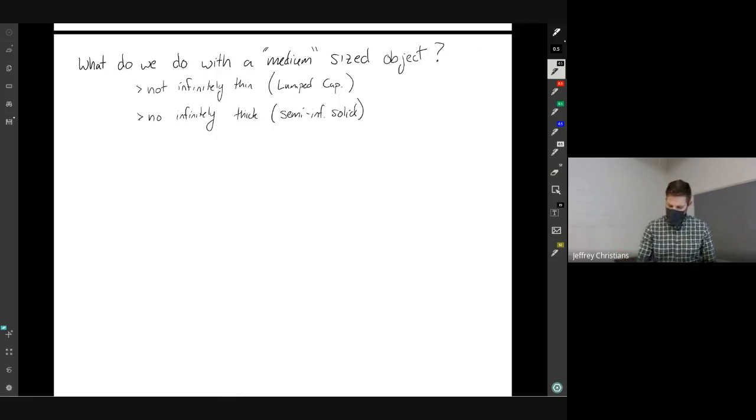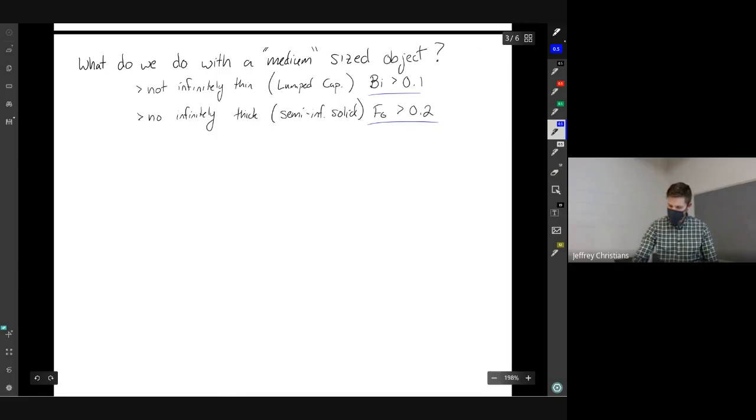So if it's not infinitely thin, that means that the Biot number is greater than 0.1. That's our qualification for infinitely thin. Infinitely thick is the Fourier number greater than about 0.2.